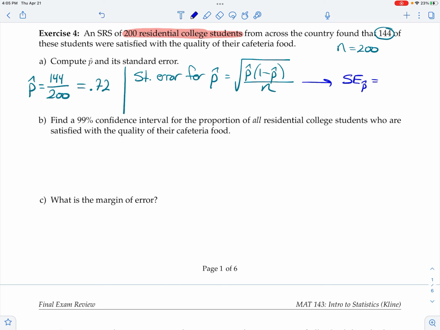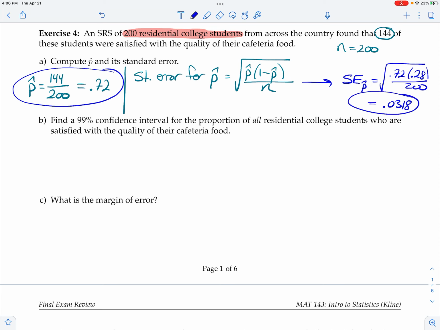It's the square root of 0.72 times 1 minus that, which we can do in our heads and get 0.28, and then we divide by 200, and you'll get 0.0318. So I've got p hat over here, and the standard error over here. Maybe I'll write down the standard error for p hat again so that I can circle the whole thing.